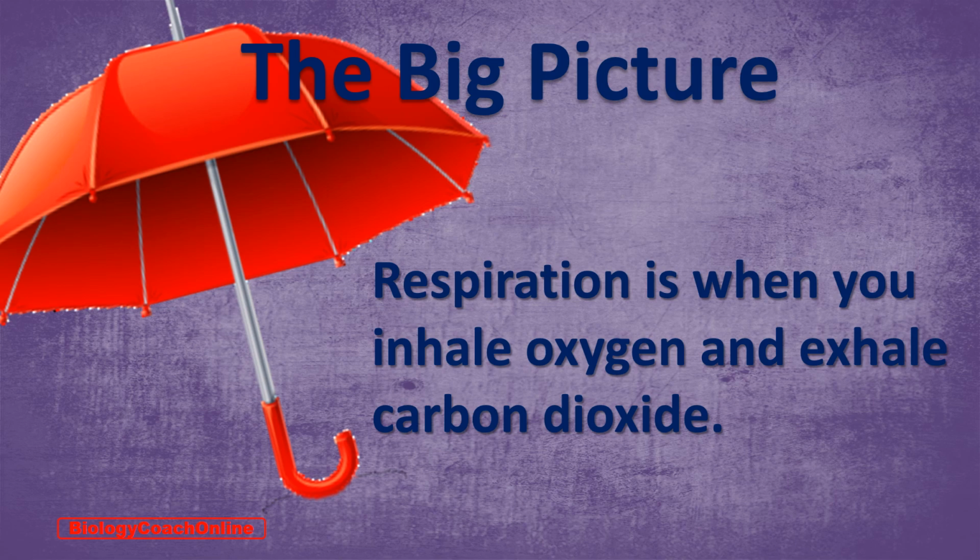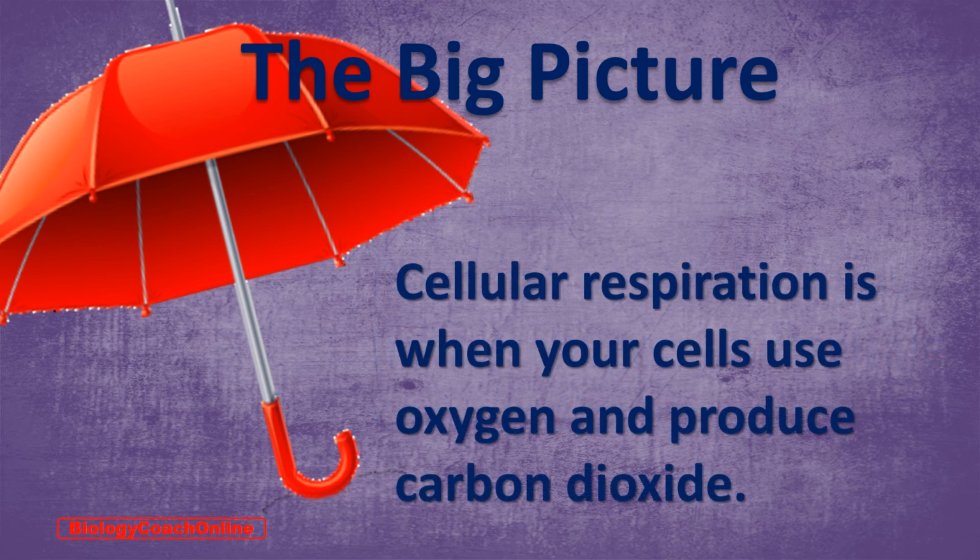Mind you, cells do not actually inhale and exhale, but they use up the oxygen and in the process generate the waste product, you guessed it, carbon dioxide. And that process on the cellular level is called cellular respiration. So we can tweak this umbrella concept just a little and say that cellular respiration is when your cells use oxygen and produce the waste product, carbon dioxide.